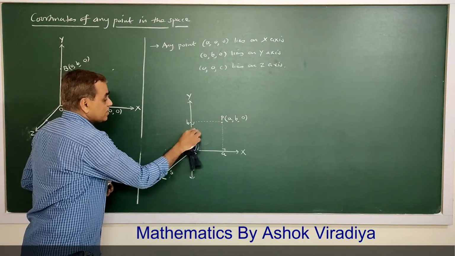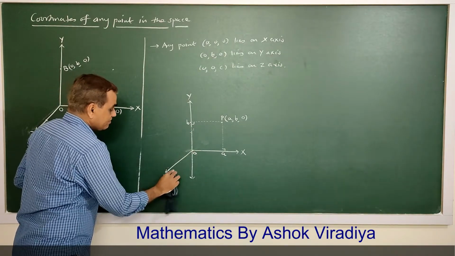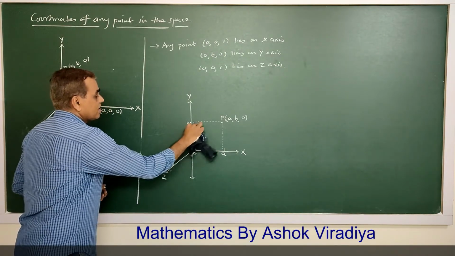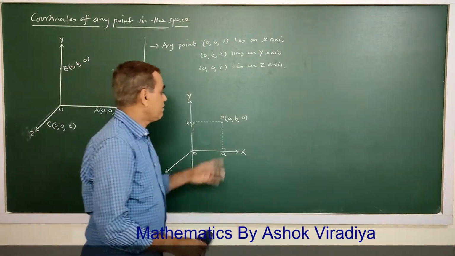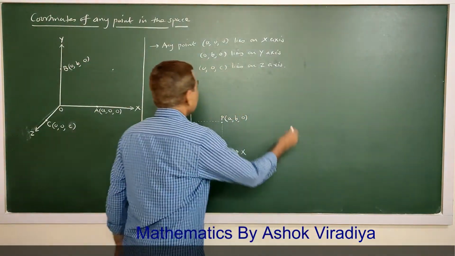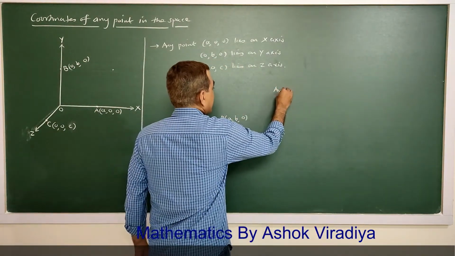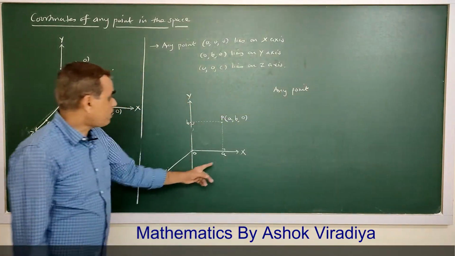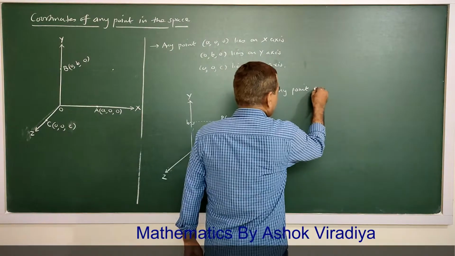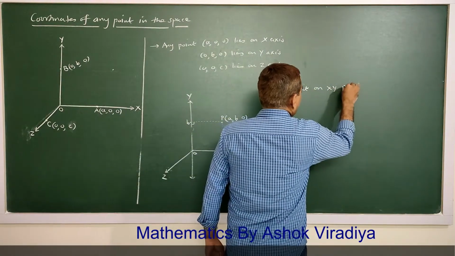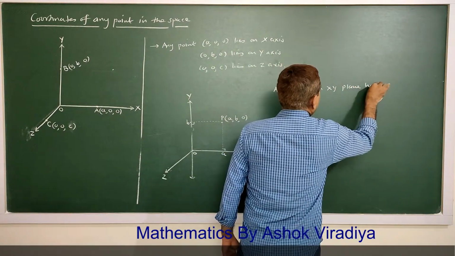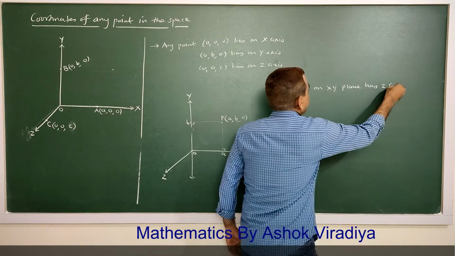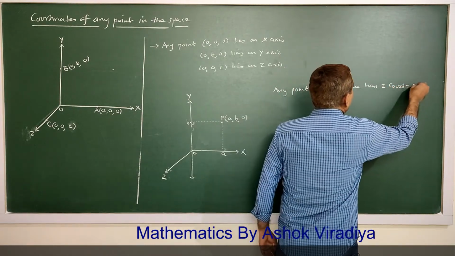So we can put these statements individually, as discussed. Here are 3 more statements. Any point on the xy plane has z coordinate equal to 0.